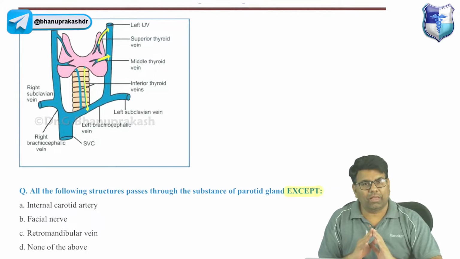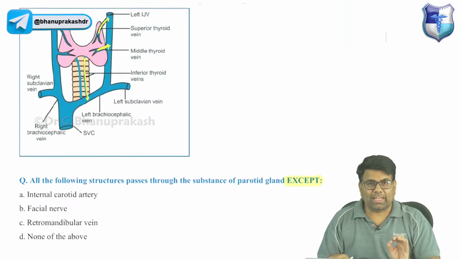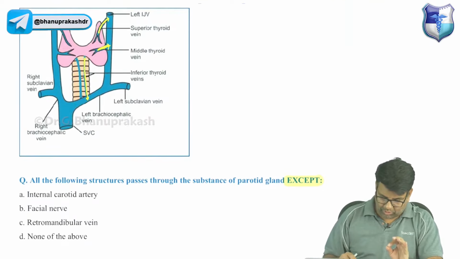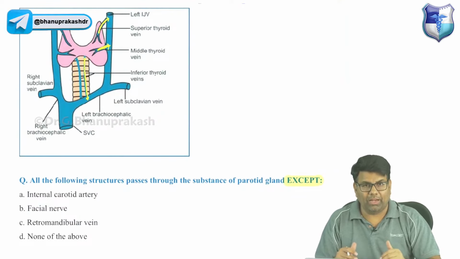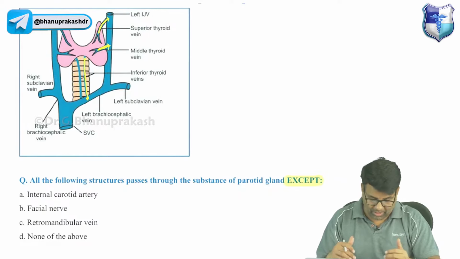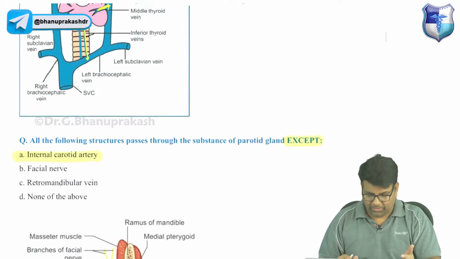So the facial nerve has to be remembered by everyone. The second structure which passes through the parotid gland is the retromandibular vein. And the third structure related to the parotid gland is the external carotid artery. So the answer here is internal carotid.